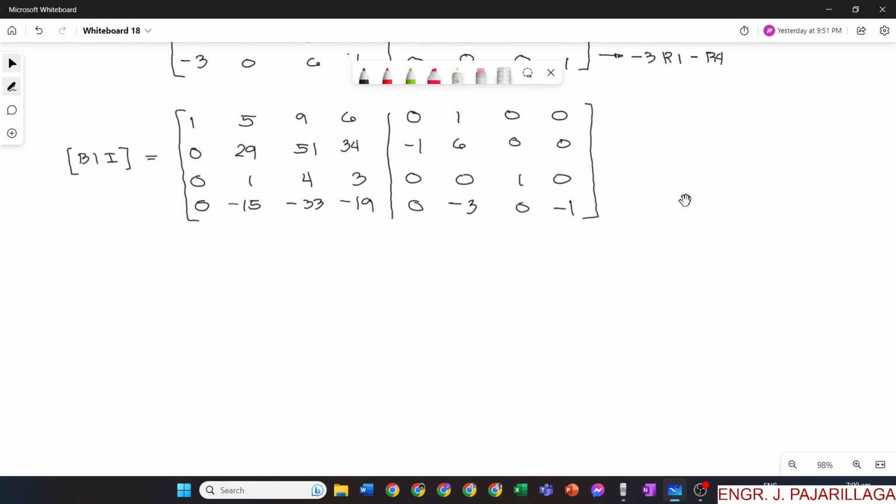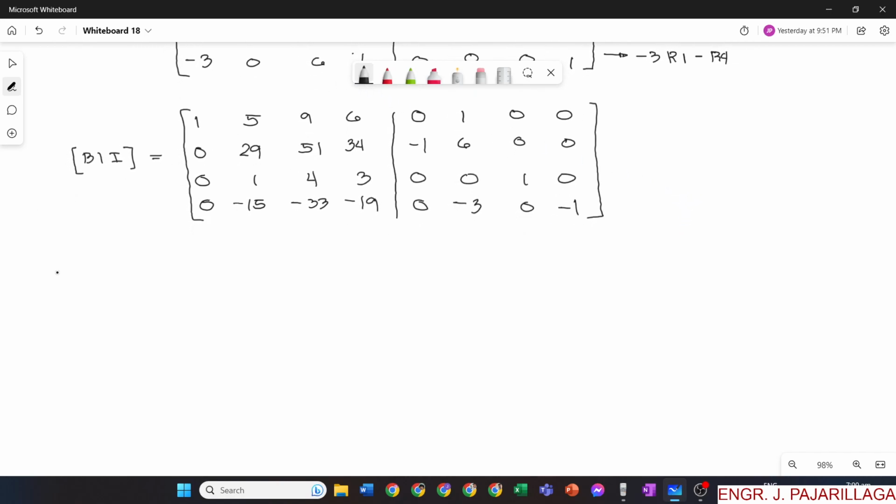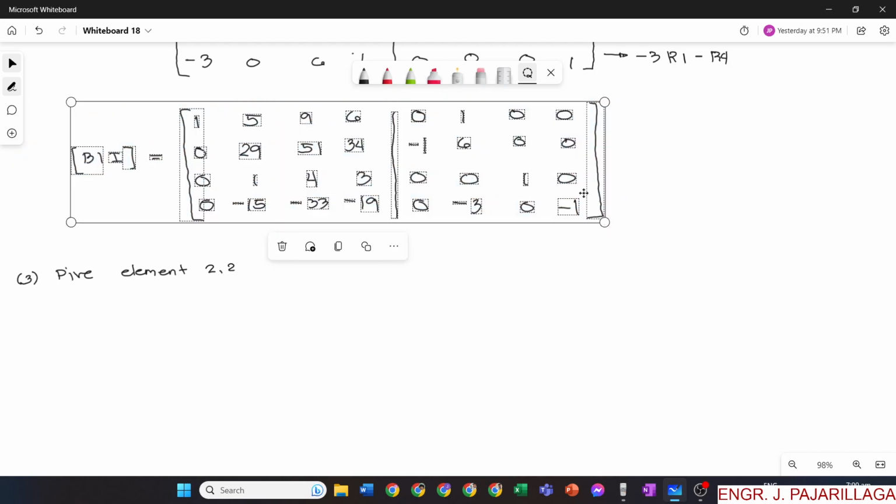Okay? So next step is to... okay? So here we can now pivot element 2. So, ang ibig sabihin natin sa pagpa-pivot is i-convert natin to into 1. Okay? So, ang goal naman natin is i-pivot yung element na to. Okay? So, to do that, i-copy na lang natin to and then let's apply an operation for this.